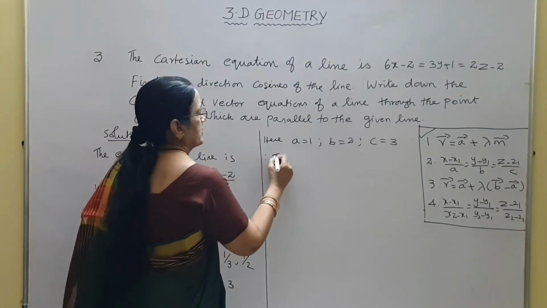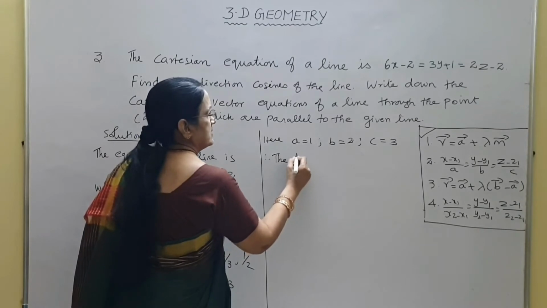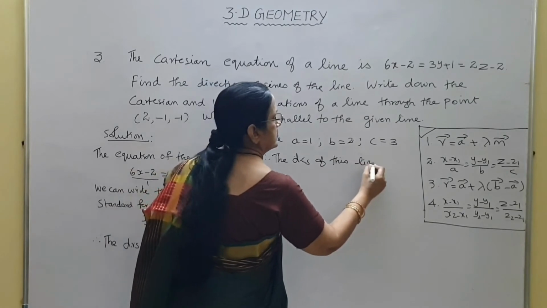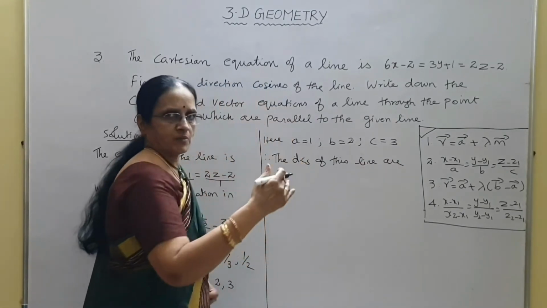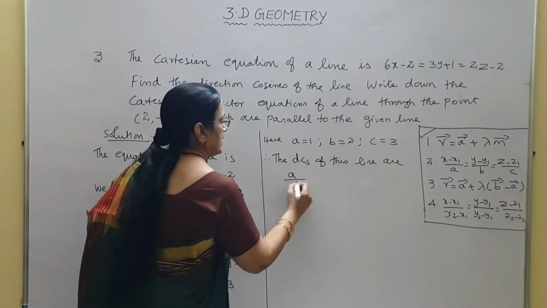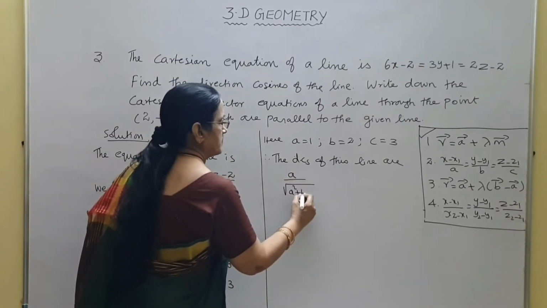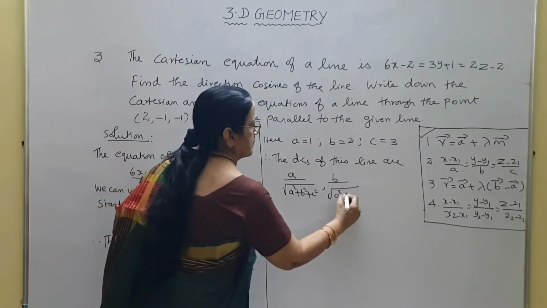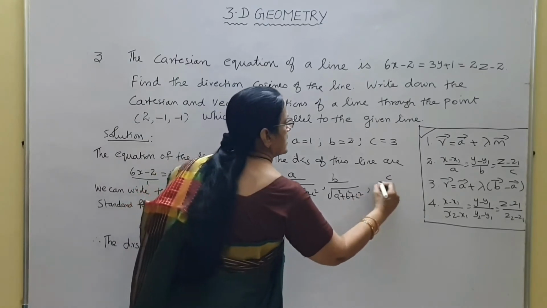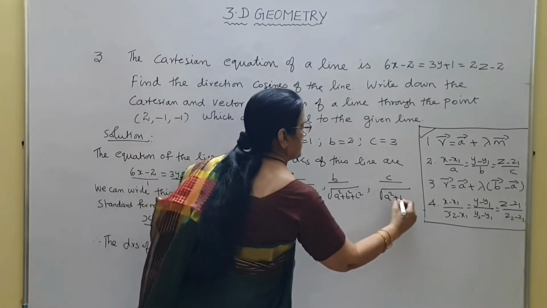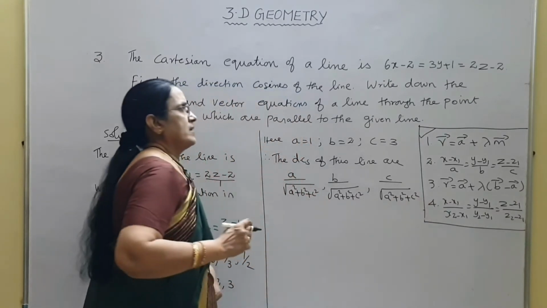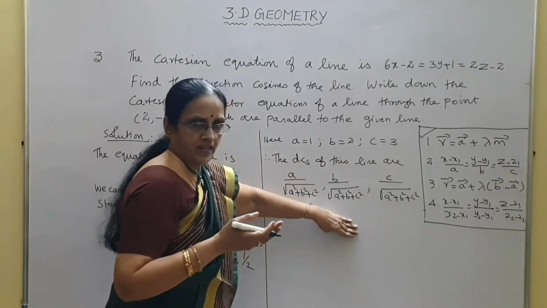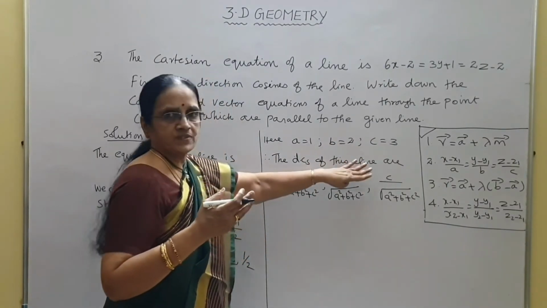So therefore, the direction cosines, that is the DCs of this line, first let me write the formula for you. That is a by square root of a square plus b square plus c square, b by square root of a square plus b square plus c square, c by square root of a square plus b square plus c square. Now let us substitute the values of a, b and c to get the direction cosines of the line.